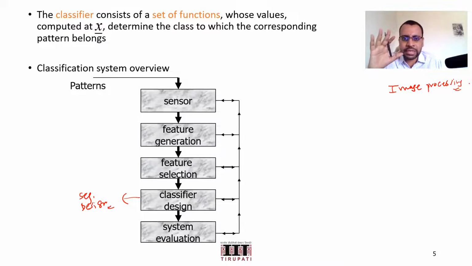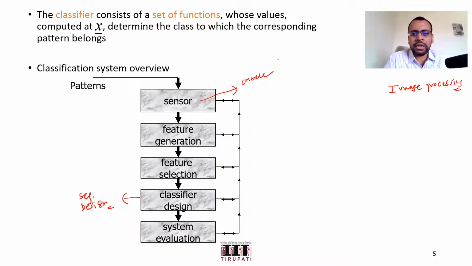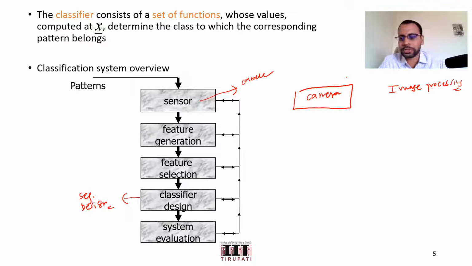There is a physical scene and a physical phenomenon of which you are capturing an image. So that is where your sensor, basically your camera, is your sensor. And as an output of your sensor here, I'll just draw in parallel for an image processing application, what you get out of it is an image, for example.